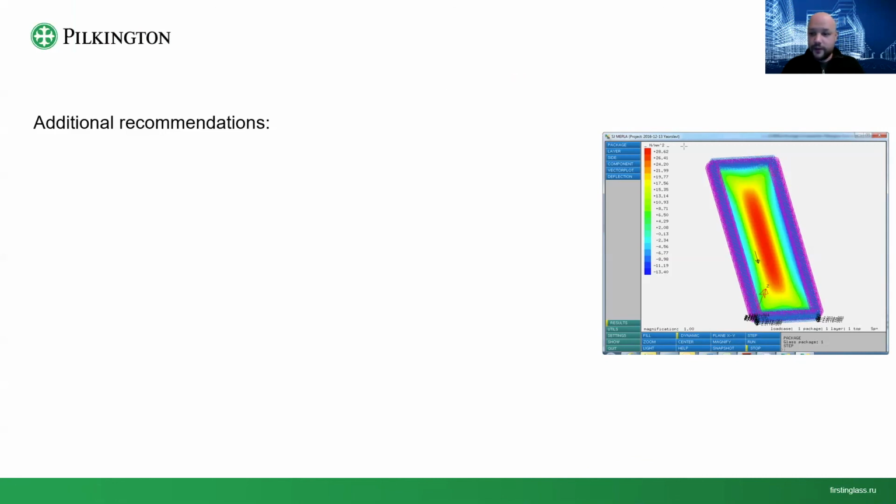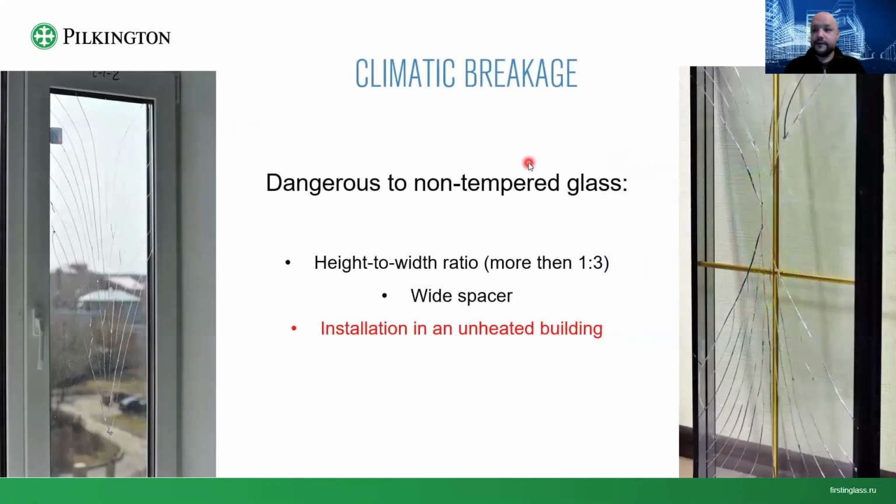So if we take a look here, the same cross pattern can be applied. So if you see glass which was broken down like this, then it's almost for sure the climate load.